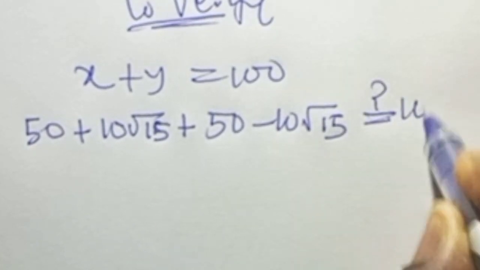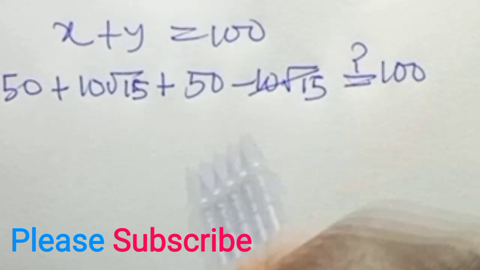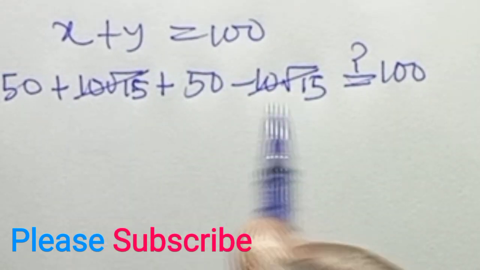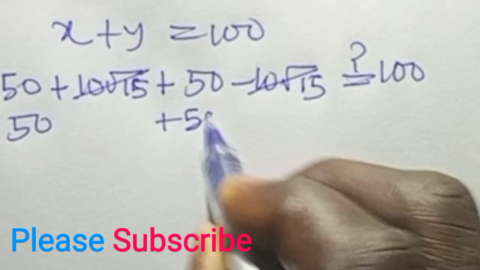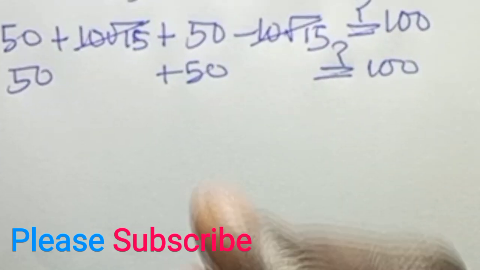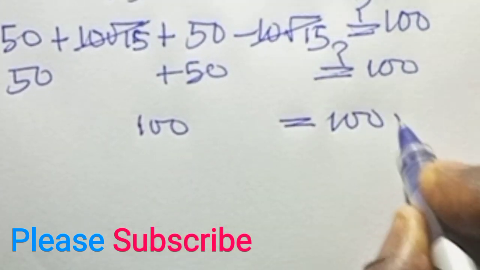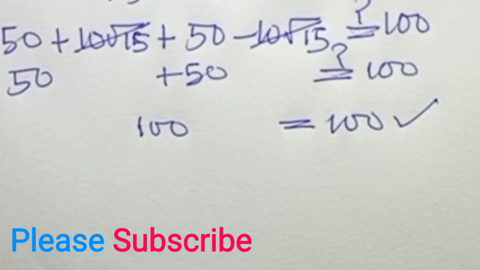It is equal to 100. So from here we can see that 10 root 15 can cancel out, because plus and minus, to be left with 50 plus 50. It is equal to 100. Obviously, 50 plus 50 is 100. So it satisfies the first equation.